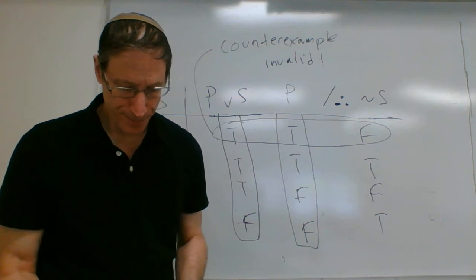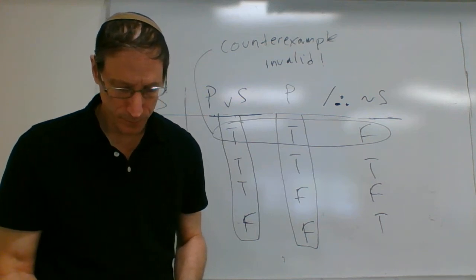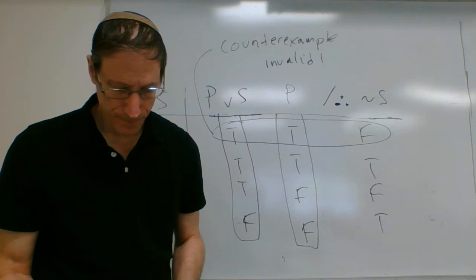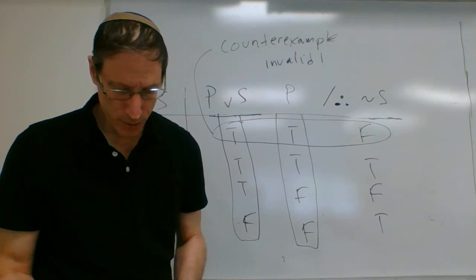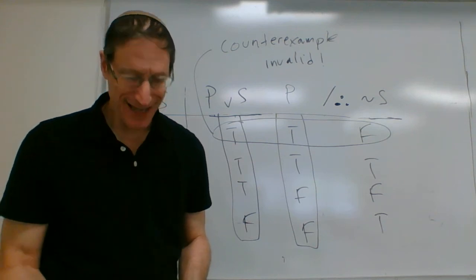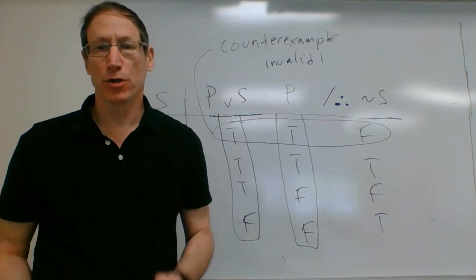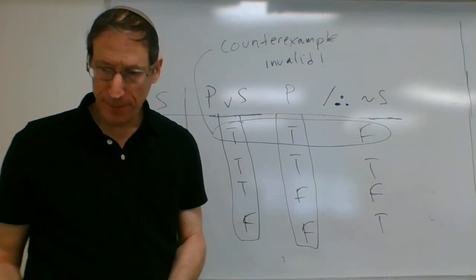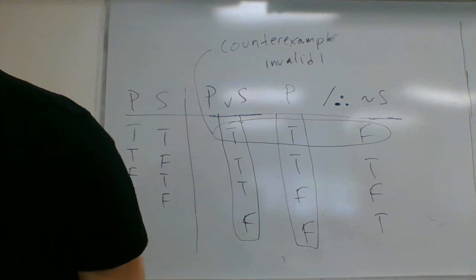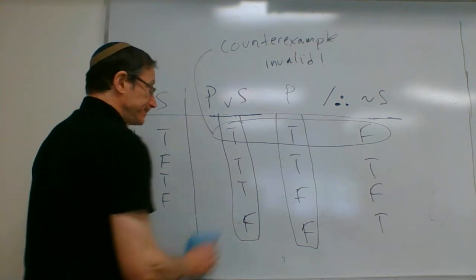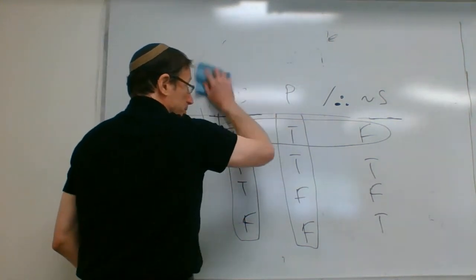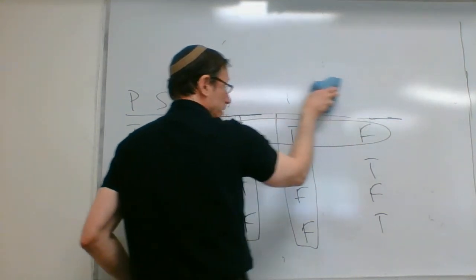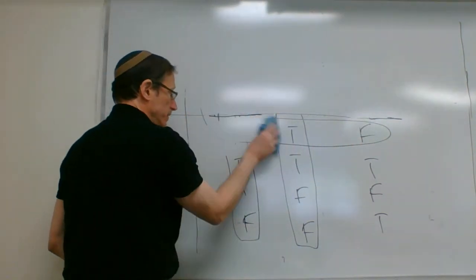Let us try number 7. I'm now going to Roman numeral 2, number 7. All right. Here you're just given the formulas and you've got to run the truth table method through.